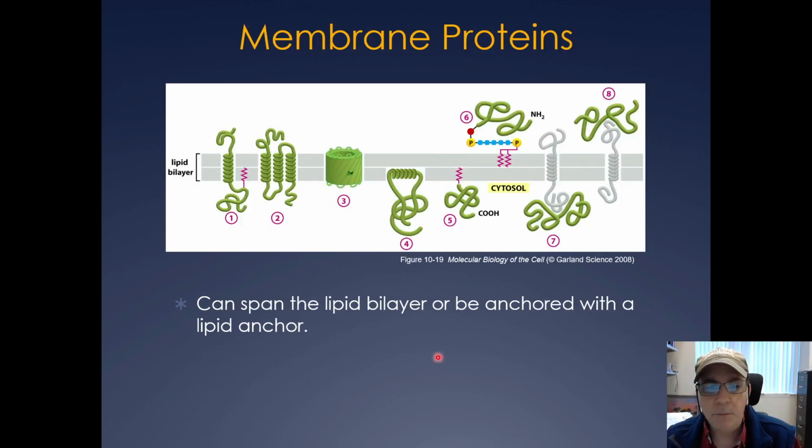So here are some examples. Typically a membrane protein will span the lipid bilayer. Here in this instance you have an alpha helix spanning the lipid bilayer, but you can also have a lipid anchor holding it there. You can have multiple transmembrane passes to create a transmembrane protein, and we've seen this with G protein coupled receptors that have 7 transmembrane domains.